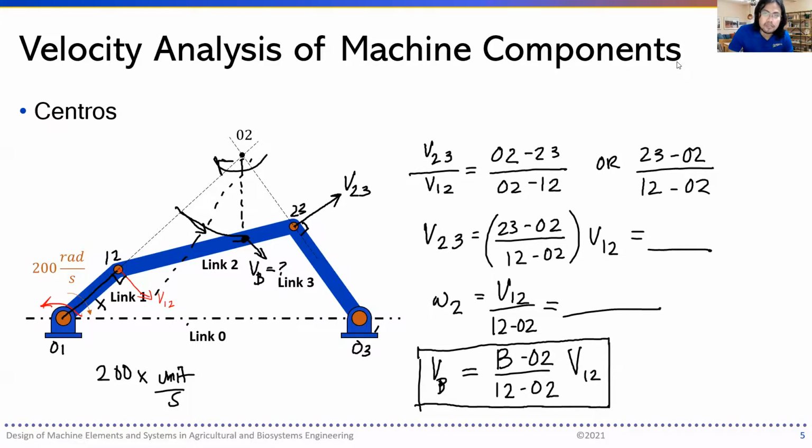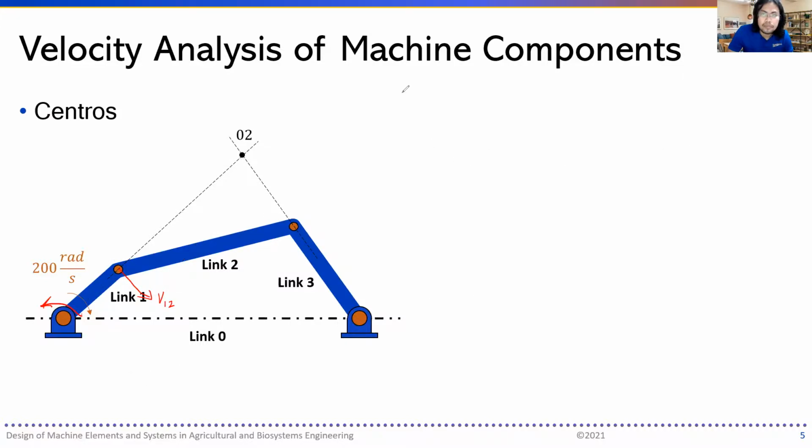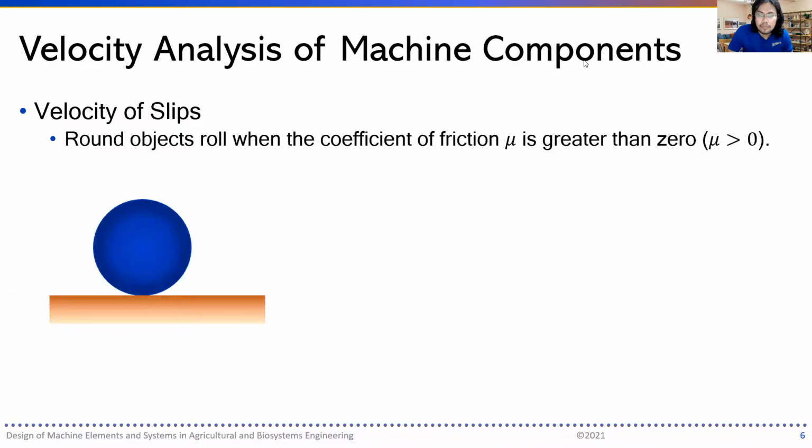Now we move over to our topic of velocity of slips. The velocity of slips happens in rolling contacts, and rolling contacts happen in round objects such as wheels, pulleys, and cams.